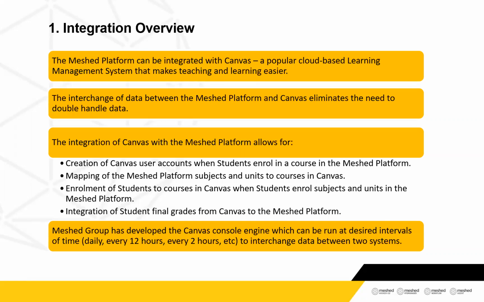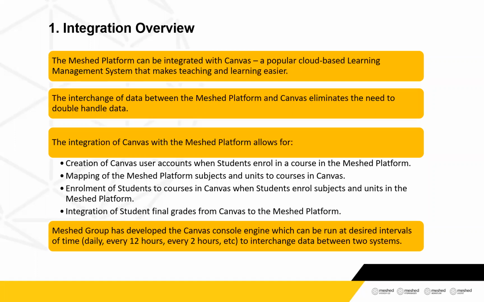With this feature, you can integrate your Mesh platform with the Canvas platform, which is one of the popular cloud-based learning management systems. This feature allows you to interchange data between the Mesh and Canvas platforms, so you don't have to double handle data again. There are four basic features with this integration.